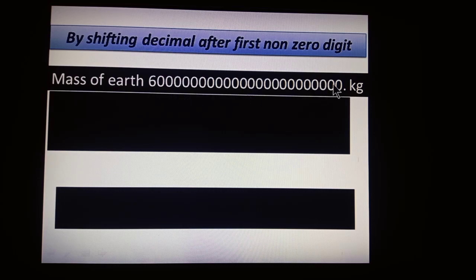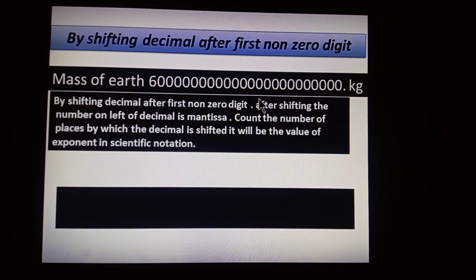It is a very big number and it is difficult to write it again and again. So how will we change it into scientific notation? By shifting the decimal after the first non-zero digit. 6 is the first non-zero digit and here is the decimal.